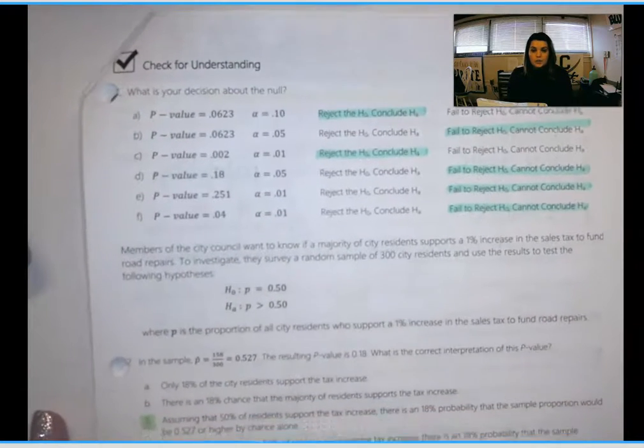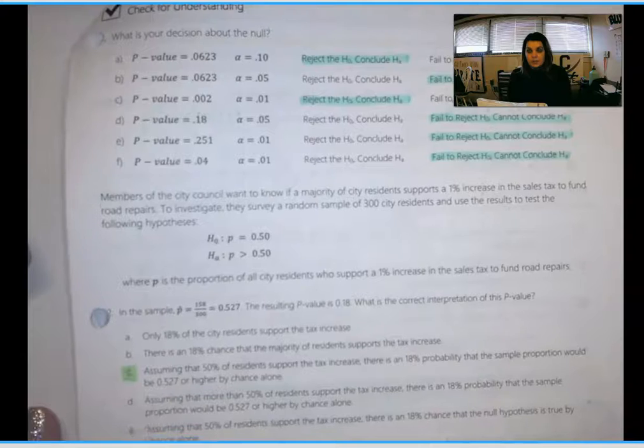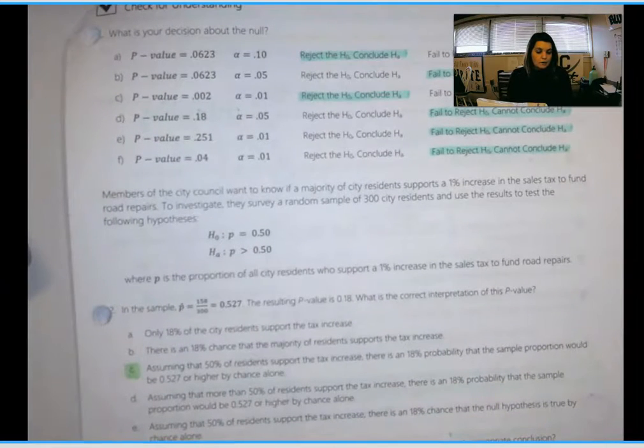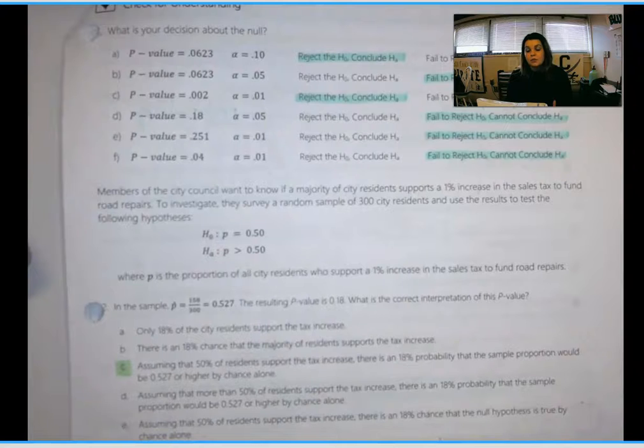On number 2, it's asking what is the correct interpretation for the p-value. And some of you guys have asked what are some keywords that I should look for, or what might be a good way to prepare myself to identify how to interpret these things.